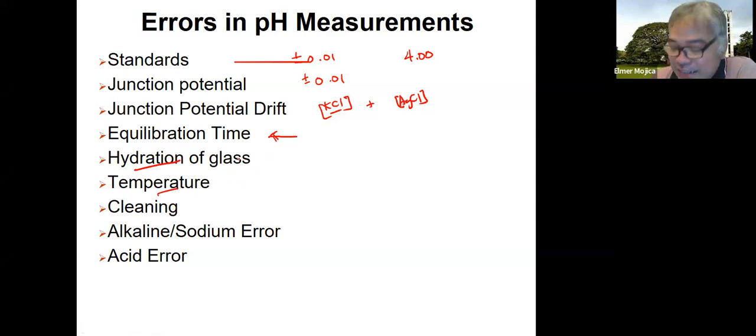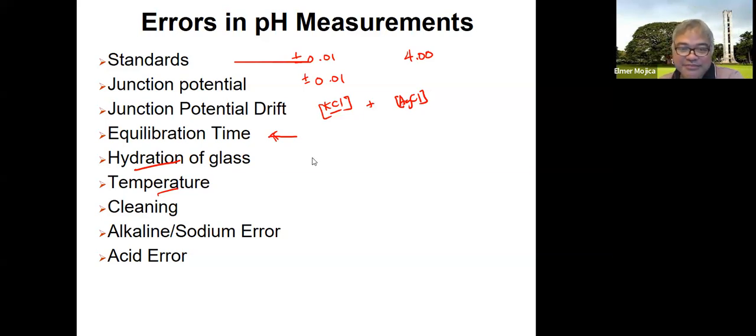Is it dependent or independent of temperature? Does temperature affect the potential directly or does it have no effect? So usually potential is affected by the temperature. Okay, so whatever happens, a calibration needs to be done at the same temperature as the measurement.